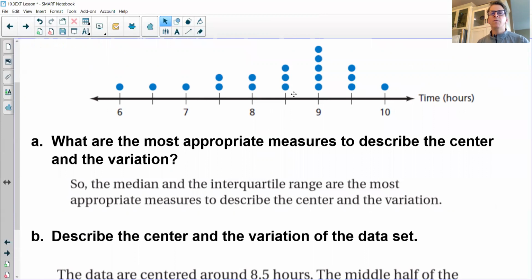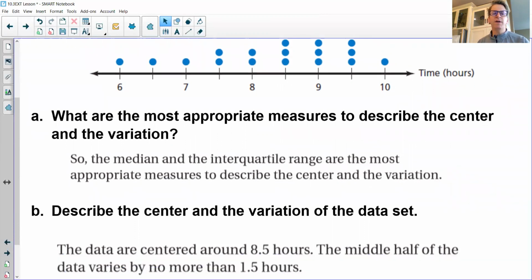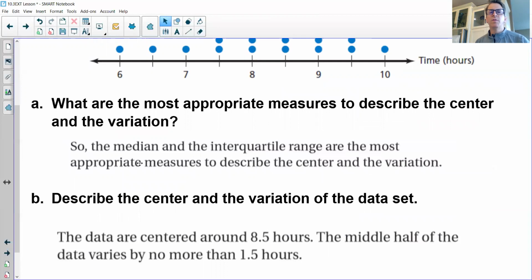So roughly the middle part is at 8.5, but the middle half of the data varies no more than about 1.5 hours. So when you describe the center, we're going to use that median again, and that median would be at 8.5. And the middle half varying would be at 1.5.